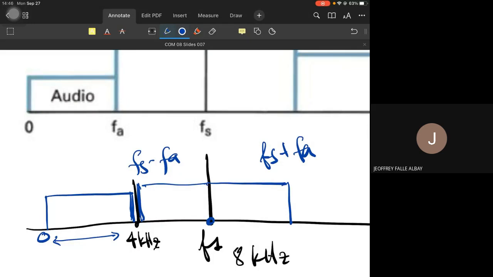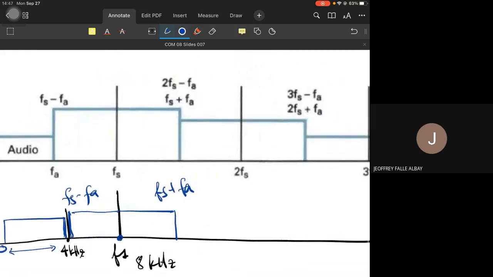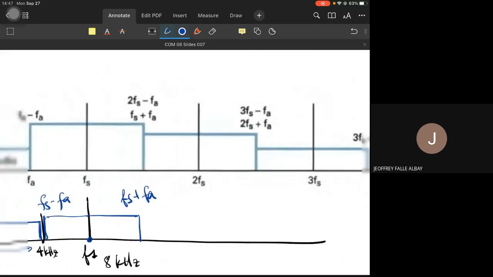So they won't interfere. The bandwidth of our output signal will not interfere with the bandwidth of our input signal if we consider that the sampling frequency is twice the input audio signal. And the harmonics are already included. These succeeding signals are what we call the harmonics.